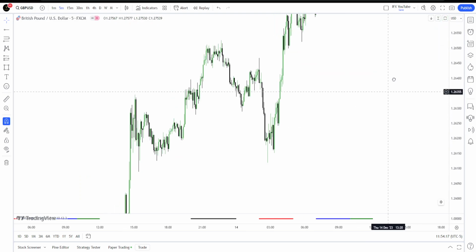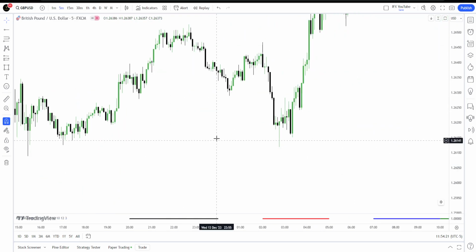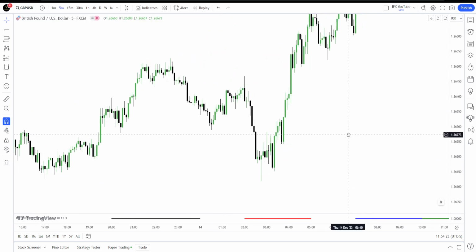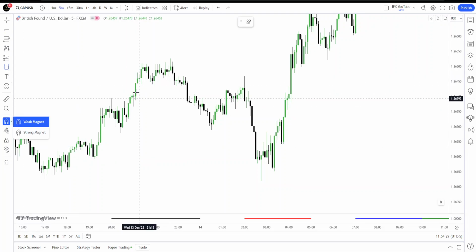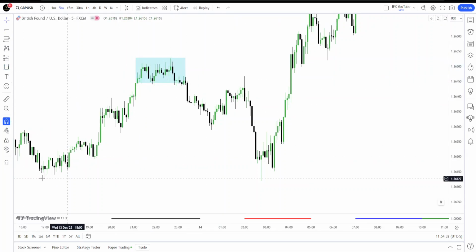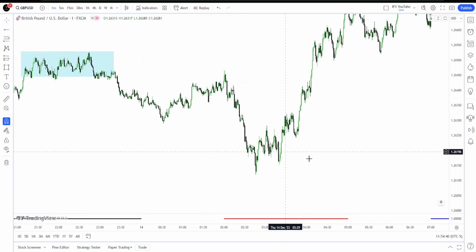Another example is right here of a market maker buy model. So we have the original consolidation. So you've got the Asian range, which gets taken out. I want to see if I can explain it in a way, right?